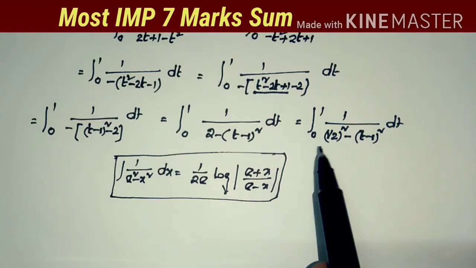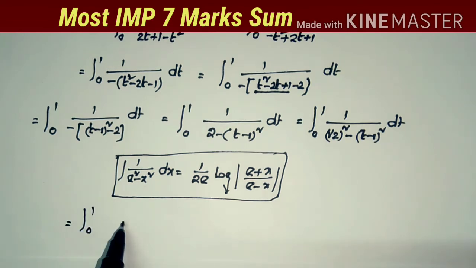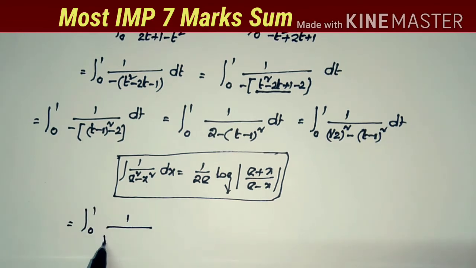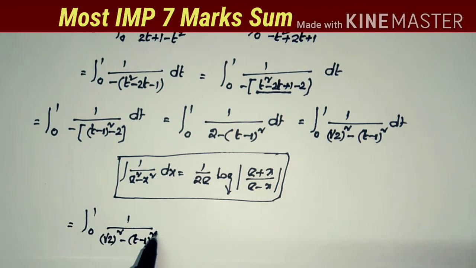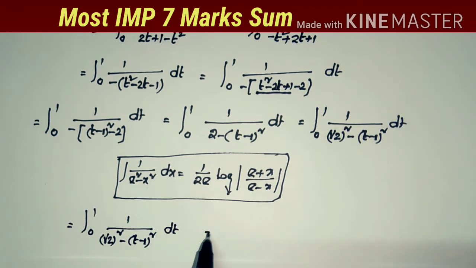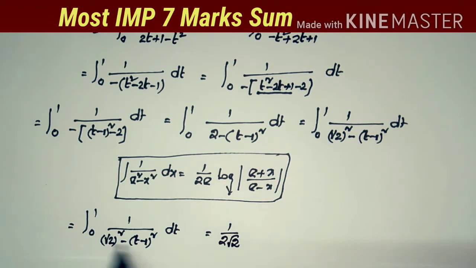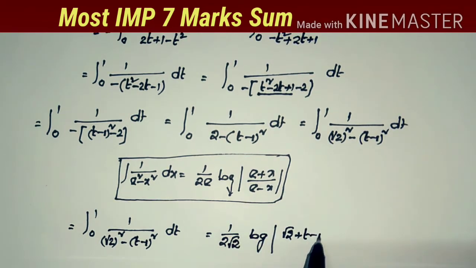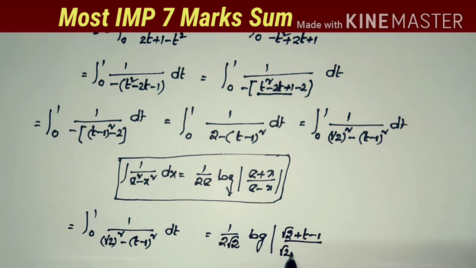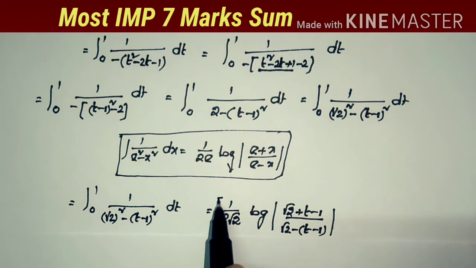Now applying this formula to this term, this equals 1 by 2a, that is 1 by 2 root 2, where a equals root 2, log of (a plus x), that is root 2 plus (t minus 1), by (a minus x), root 2 minus (t minus 1), where the limits are 0 to 1.